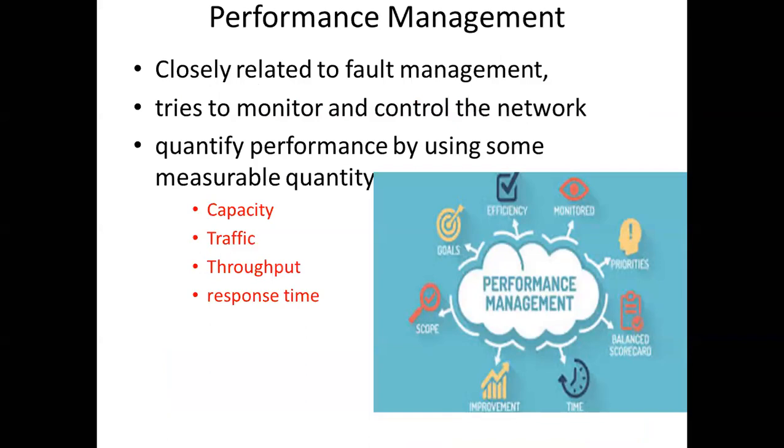A network which is able to handle as much traffic as you send, and which is able to transmit the data and get back the acknowledgements very quickly, would be called a good network. So how are you quantifying the performance of a network? That will decide what we call performance management.